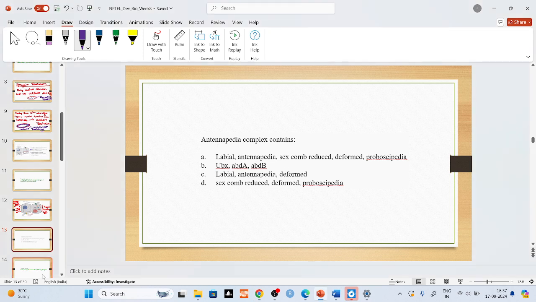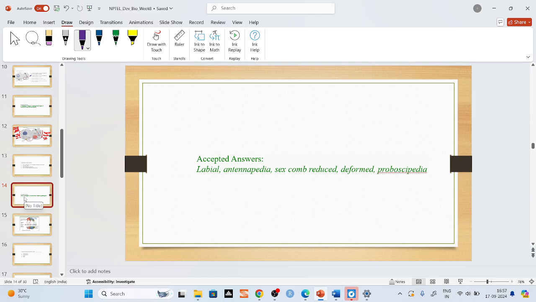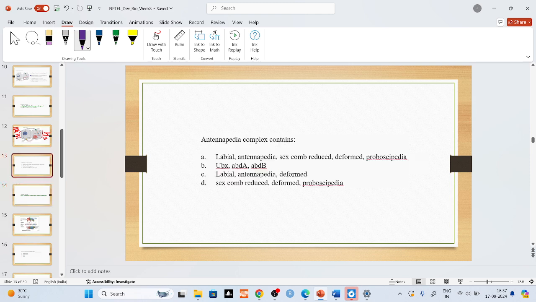Yes, so A is the correct answer. The correct answer is labial, antennapedia, sex combs reduced, deformed, and proboscipedia.